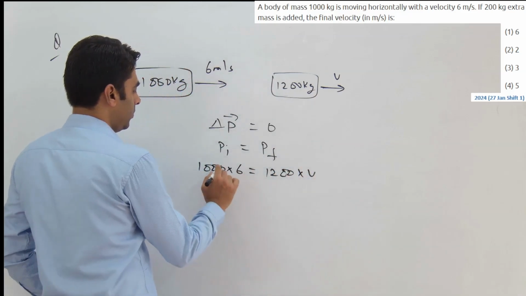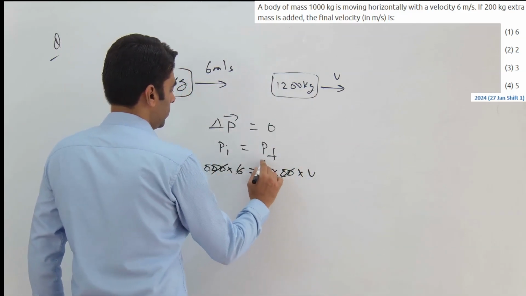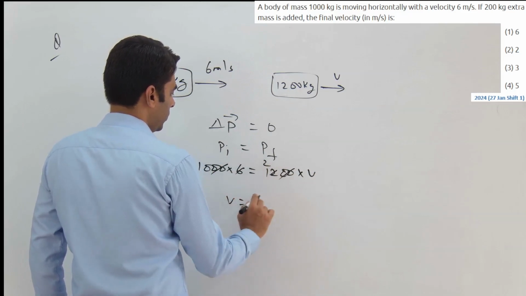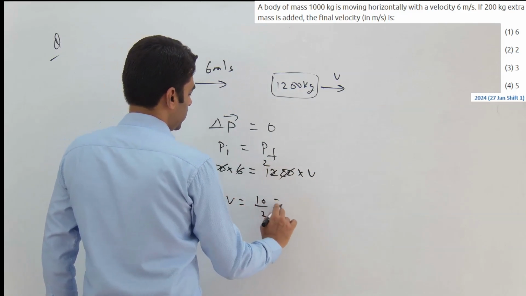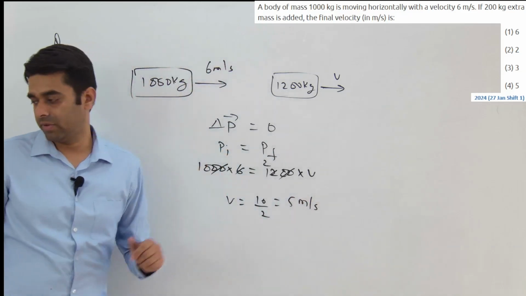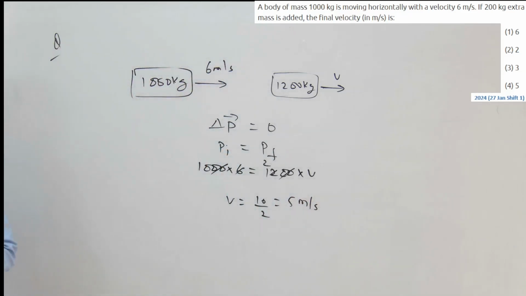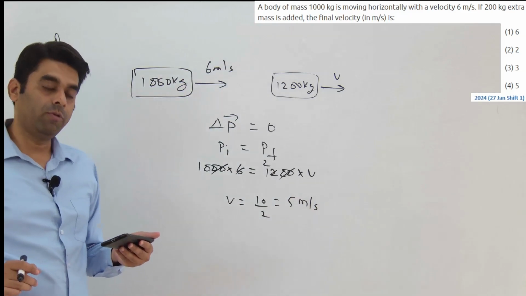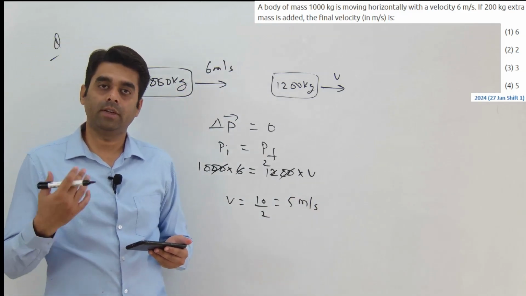So V value comes out to be 10 by 2, which is 5 meter per second. So the answer for this is 5 meter per second. Let us check the option. Option number 4 is our correct answer. Let's look at the next question.